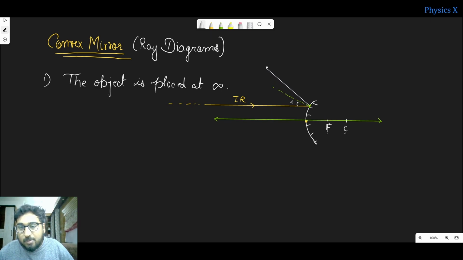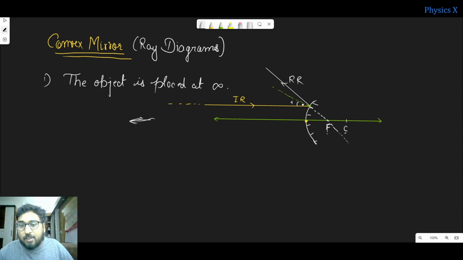And if I draw it in the back direction, it appears that it is coming from the focus, because I told you that the observer will be on the reflecting side of the mirror. So this is your reflected ray, right?